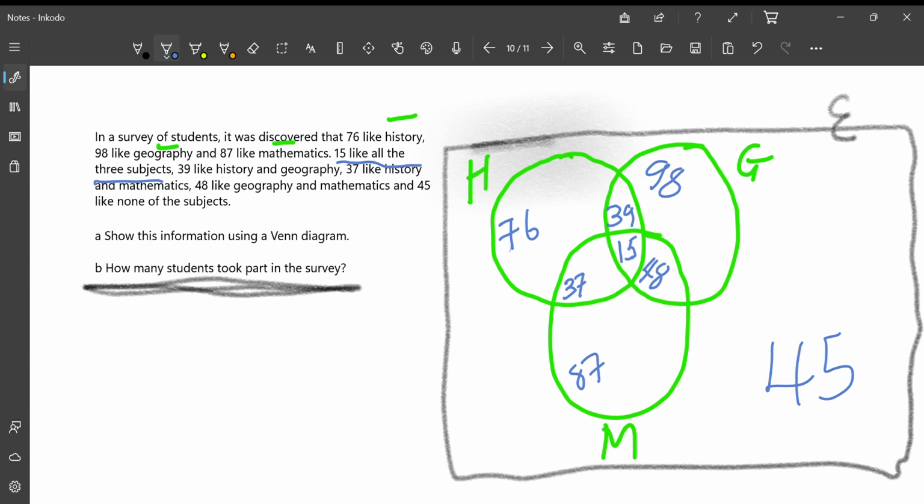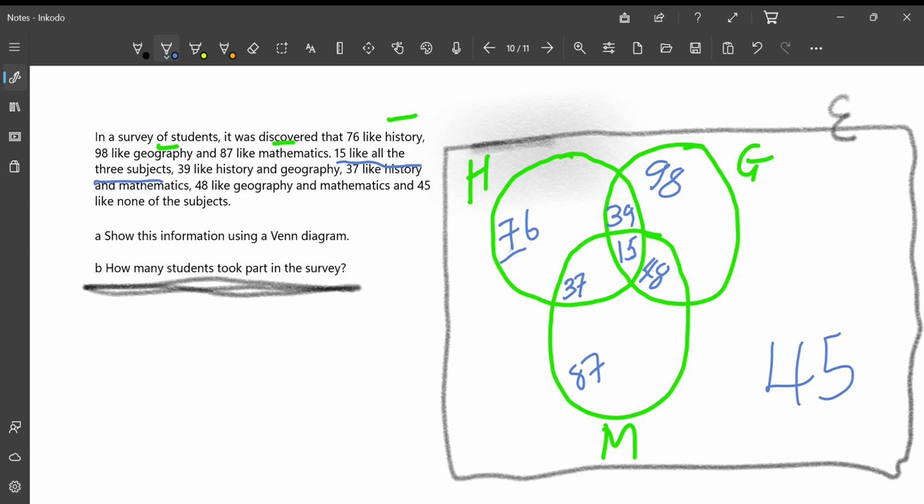But there's something missing actually, because in my information, some factors are overlapping. For example, I'm told that the total number of students that like history is 76, and I wrote it down. But if you look at the diagram, inside these people that like history, there are some that like history and geography. There are some that like all three subjects.